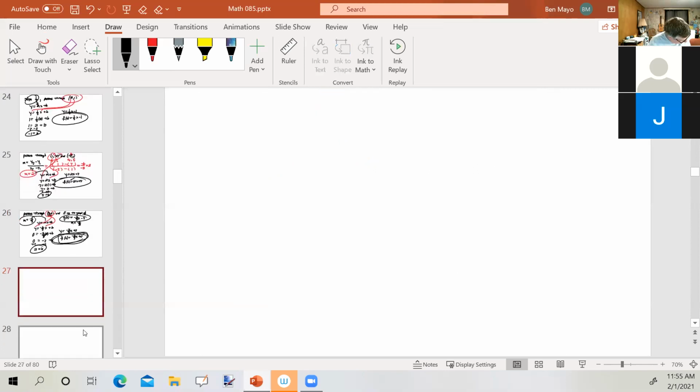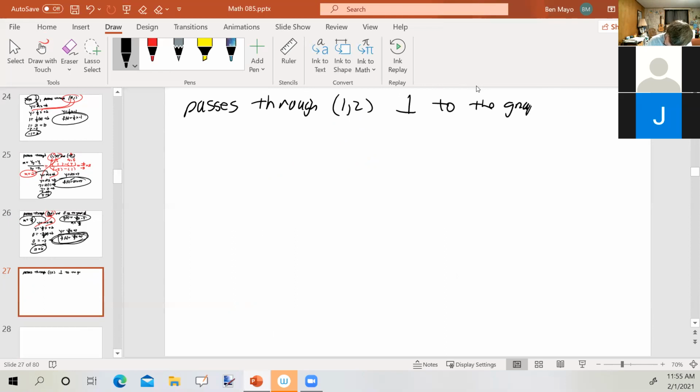Here we have, let's see. This line passes through the point 1, 2, and it's perpendicular to the graph of g of x equals -x/6 plus 1.